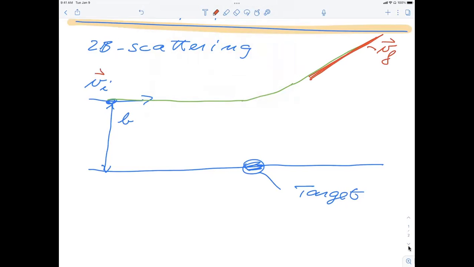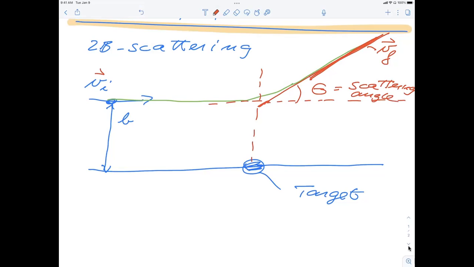So these are vectors. What we would typically define then, if we put in a plane here, is an angle between the velocity which we have infinitely far away and this target. This angle is normally called theta, and that's called the scattering angle. That's a quantity which we can measure experimentally.